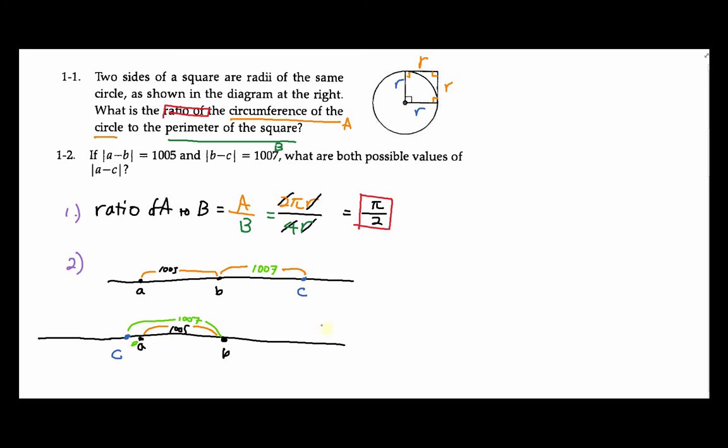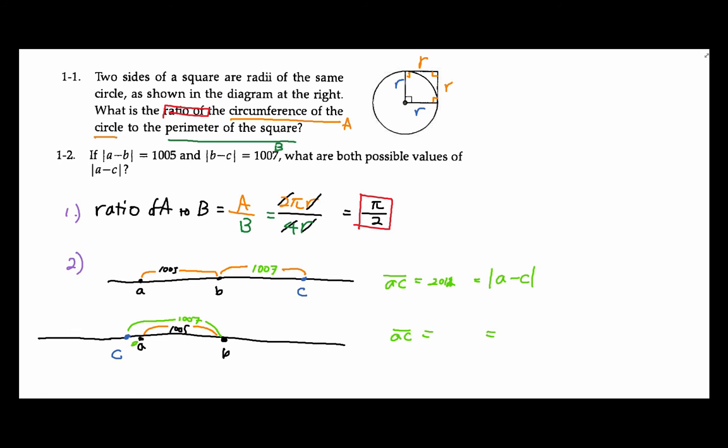So I can rewrite this: the distance from A to C, or C to A, is 2012, and here's the difference. This can be rewritten as A minus C. So 1007 minus 1005.